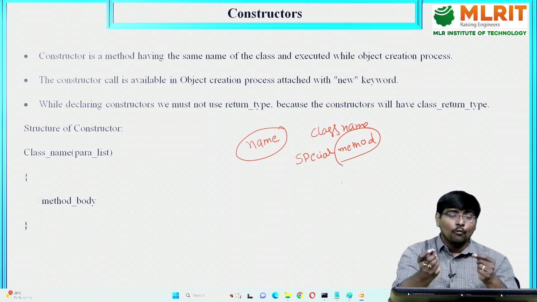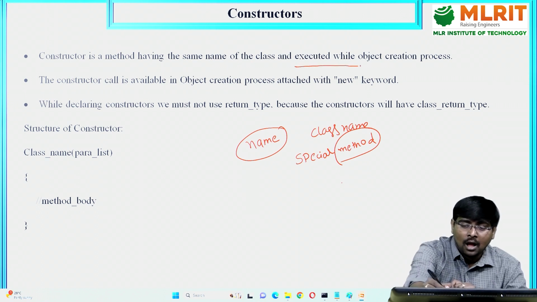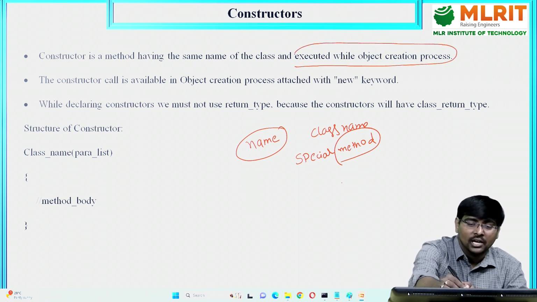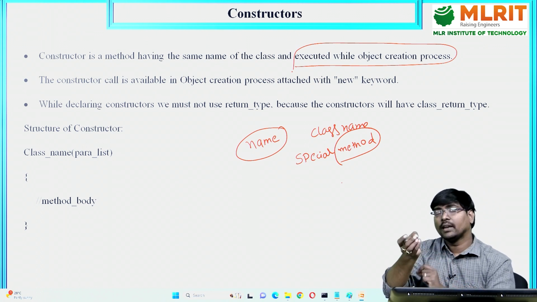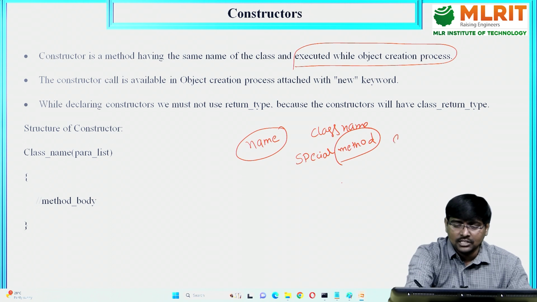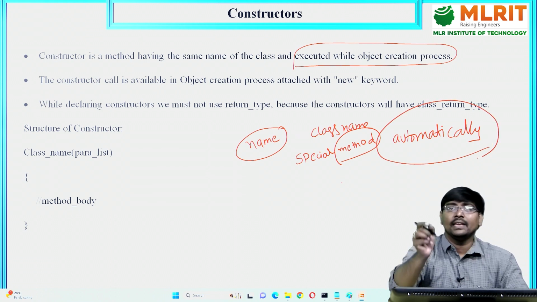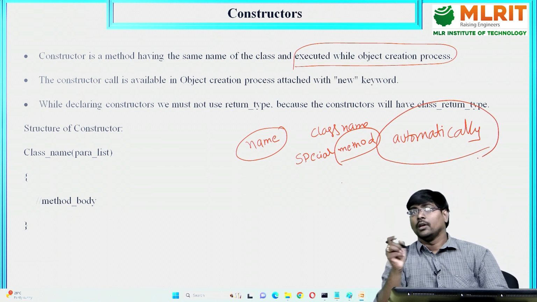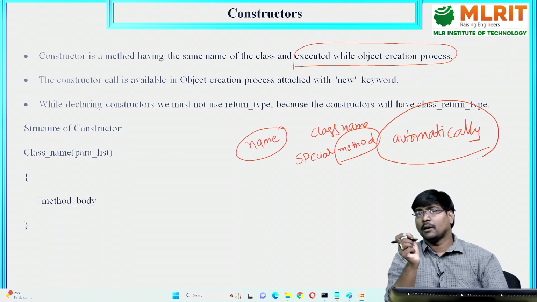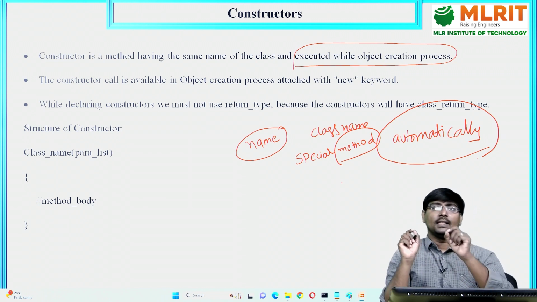Now, when is the constructor executed? While object creation. Whenever you are creating an object, the constructor is also executed automatically, like instance block. You know that instance block, whenever an object is created, instance block is executed automatically.